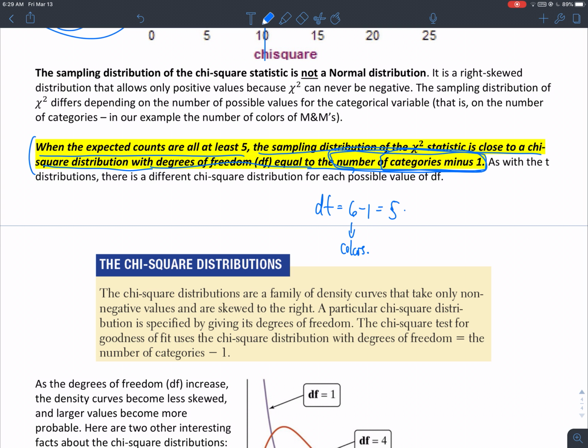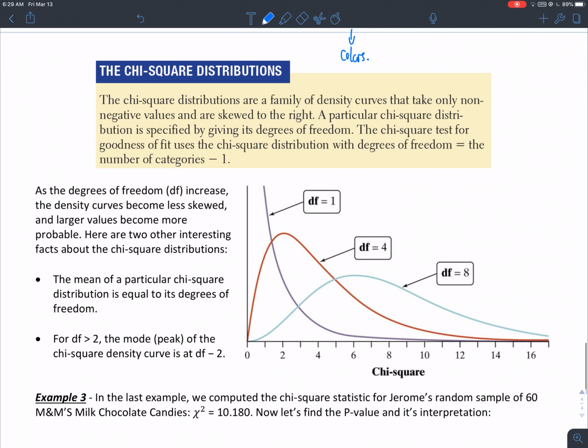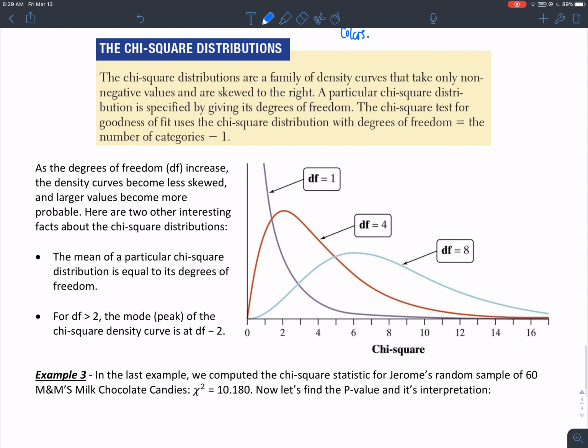So your condition to check for a chi-square distribution in this case is that expected counts are all at least 5. Expected counts, not observed counts. Chi-square distributions are a family of density curves that take only non-negative values.